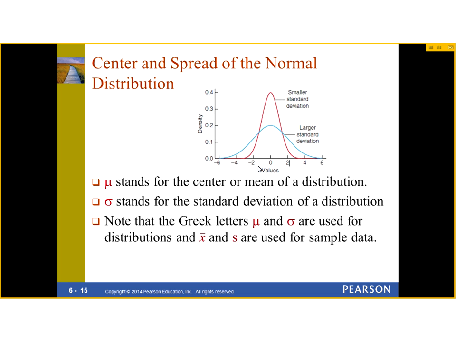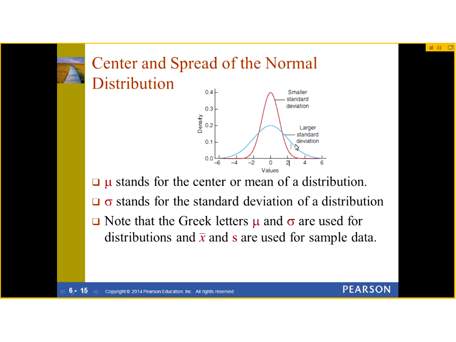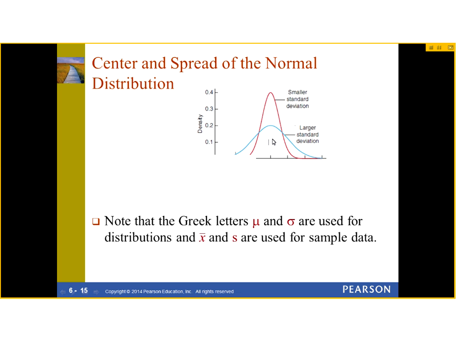And when we're talking about sample data, we're using x bar and s for the mean and standard deviation. If you look at this example here, these are both normal distributions, but as the red one is taller and skinnier, there's a smaller standard deviation. And as the blue one is shorter and fatter, wider, there's a larger standard deviation.